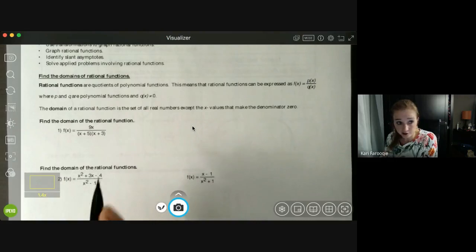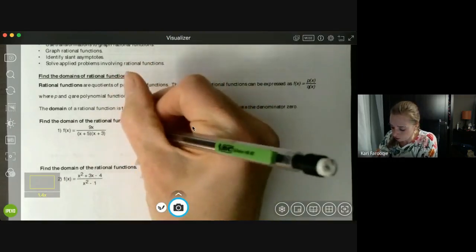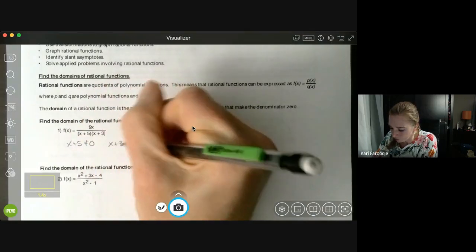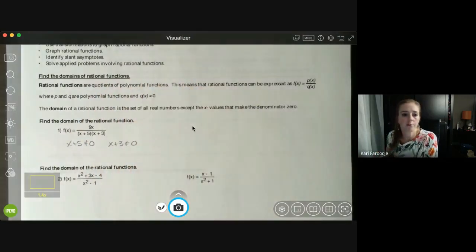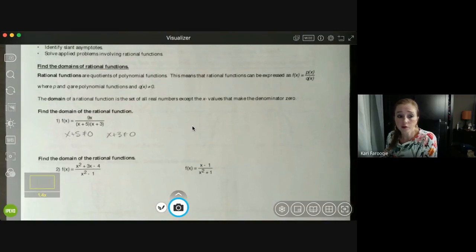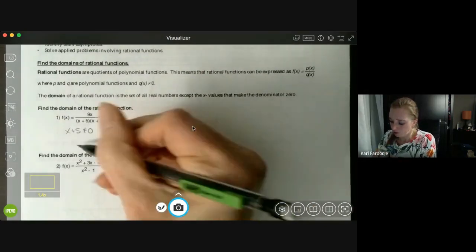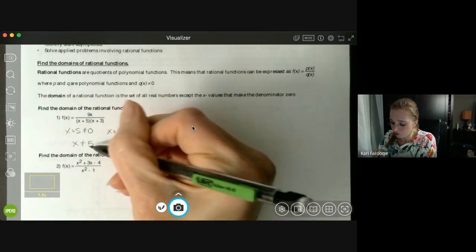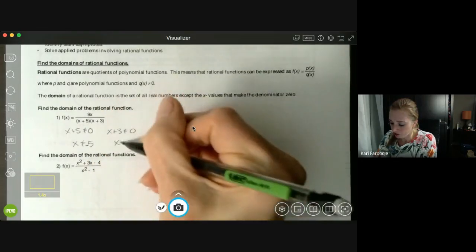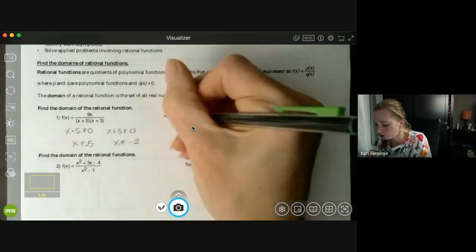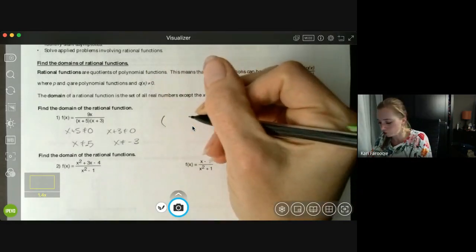Now, number 1 is already factored for you. So as long as it's already factored, all you need to do is say that x plus 5 cannot be equal to 0, and x plus 3 cannot be equal to 0. And then solve, and we'll write it in interval notation. So this means that we can't have x be equal to -5, and we can't have x be equal to -3. And then we'll use our interval notation to write this officially.